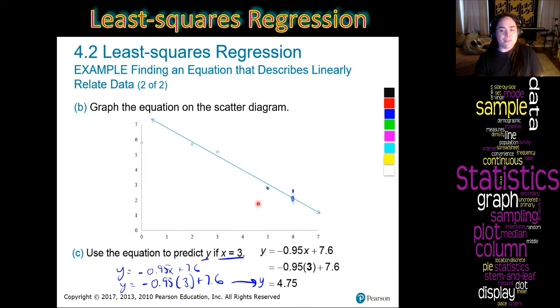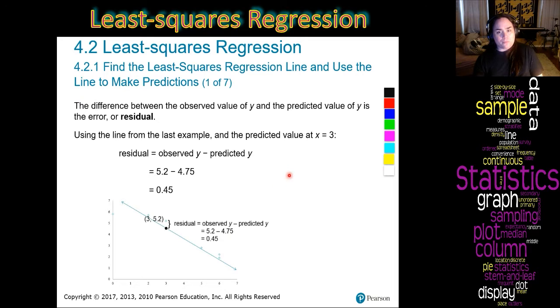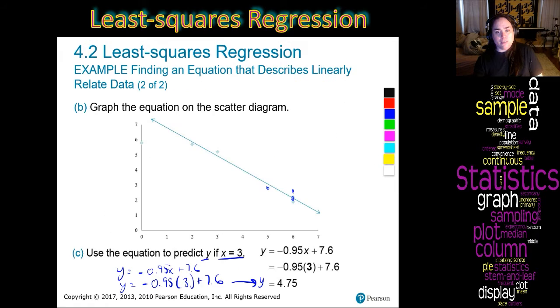There's a bit of a difference there between what we expect to happen and what actually happened. So we say that the observed value at x equals 3, the observed value was y equals 5.2. What our equation predicted, what we predicted here with that equation, is 4.75.